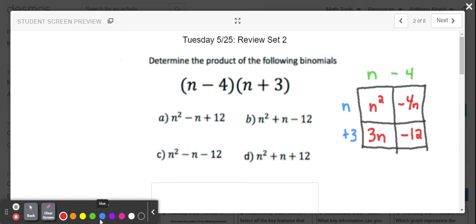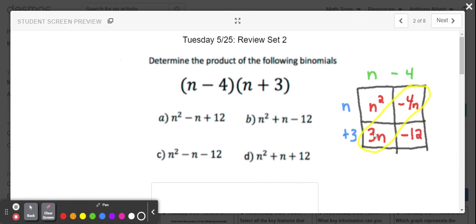We're going to write all that out as one equation, but before we do that, we have to remember to look for like terms inside the box. We already mentioned what those are: same variable, same exponent. Most of the time, we'll find our like terms in the diagonals, 3n and -4n.